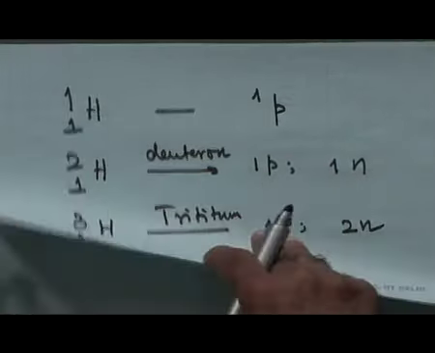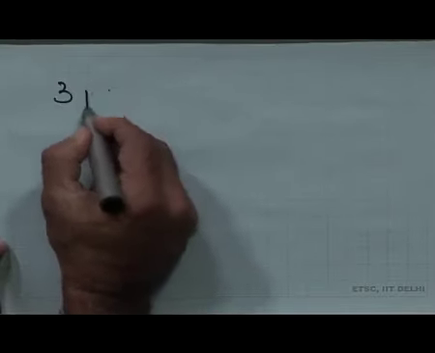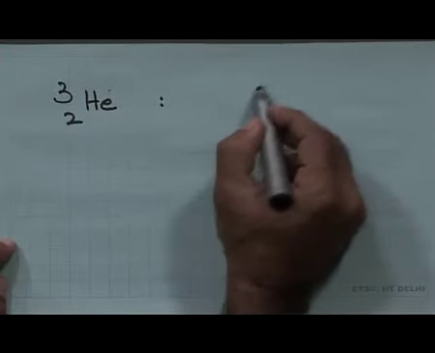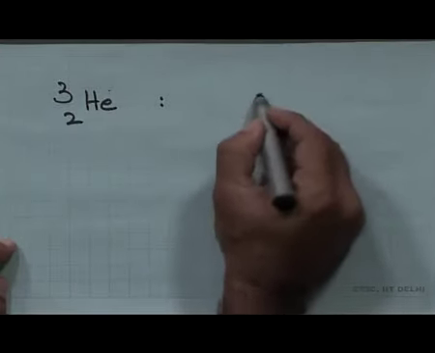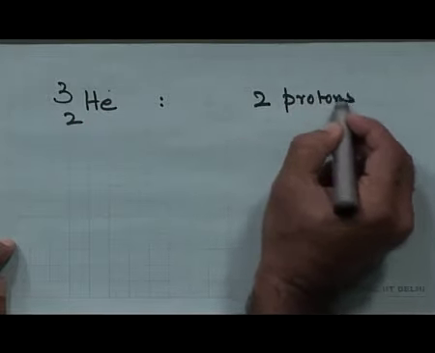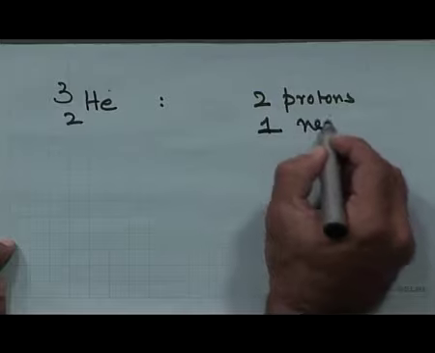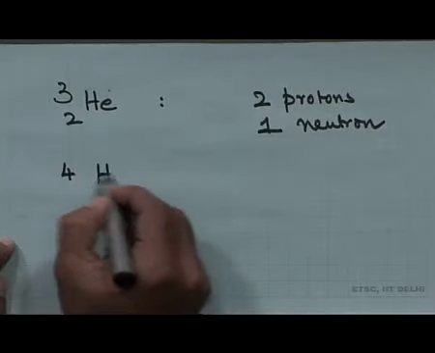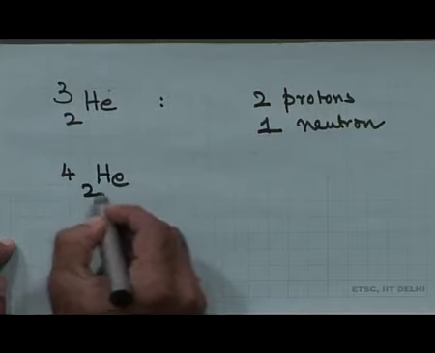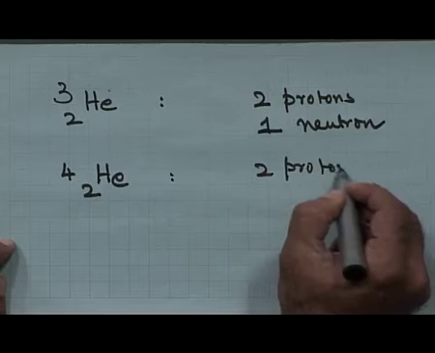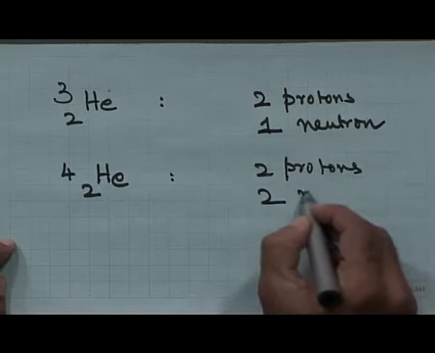Then I am going to make a list of some more nuclei for you. For example, you have helium-3 consisting of what? 2 protons, 1 neutron, and then of course you have the very stable nucleus, 2 protons, 2 neutrons.